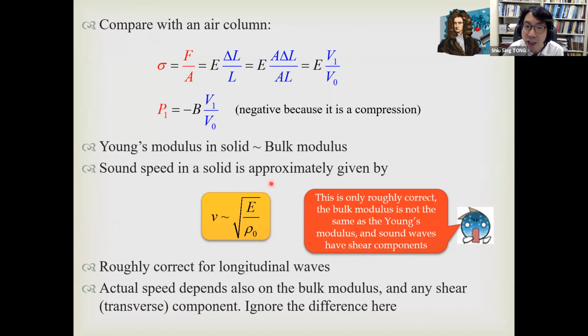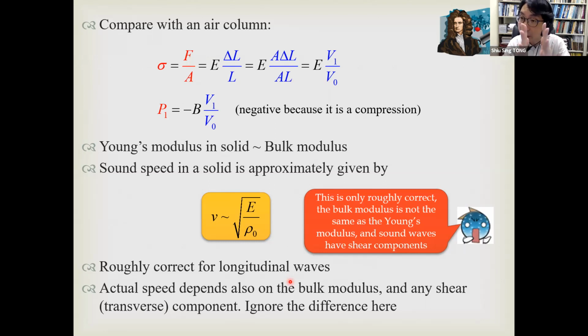So we expect the sound speed to be approximately given by this formula. Instead of using the bulk modulus for gas, we can use the Young's modulus for the solid. So v is proportional to the square root of E over rho naught. Now, it happens that this formula is roughly correct for a longitudinal wave, because in a solid we have two or more kinds of sound wave.